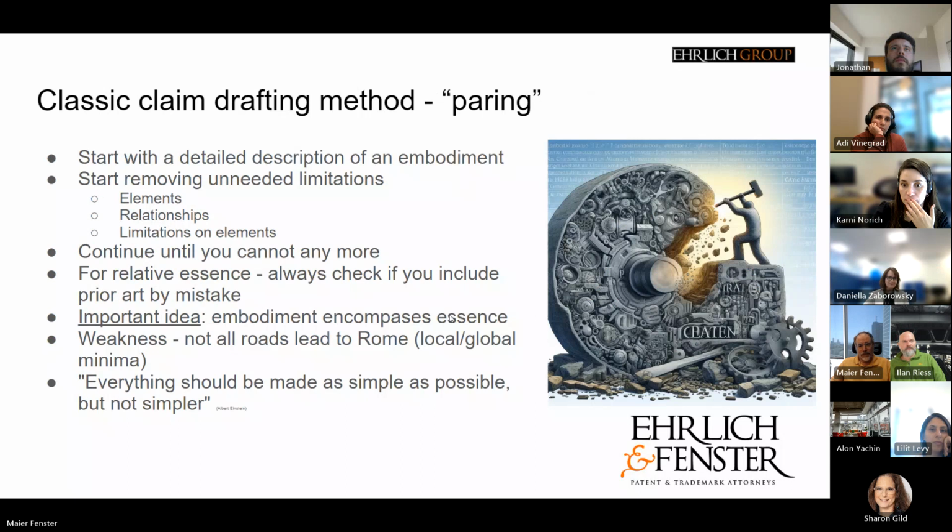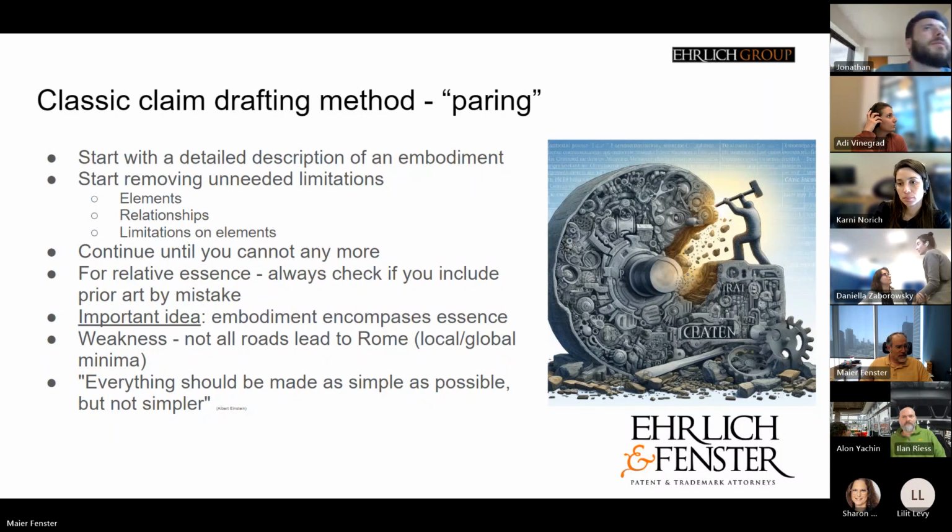Okay. Now there's a classical way of claim drafting. And in the classical way of claim drafting, you start with some detailed description of an embodiment, and then you start removing things you don't need. You take out elements, you take out relationships, you take out limitations, and you continue doing that until you can't do it anymore.